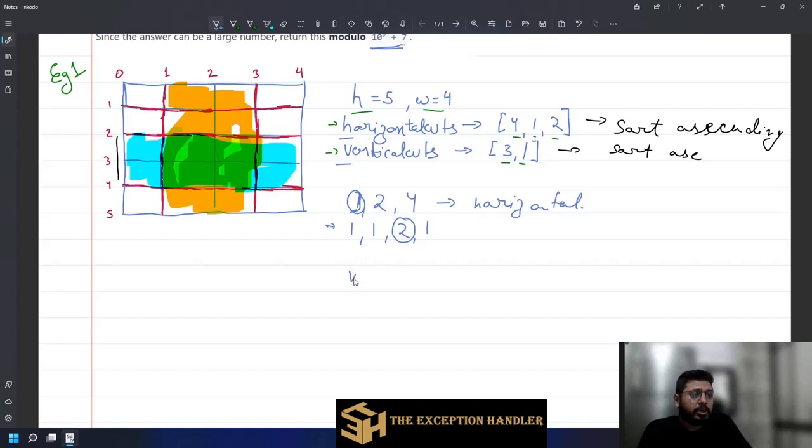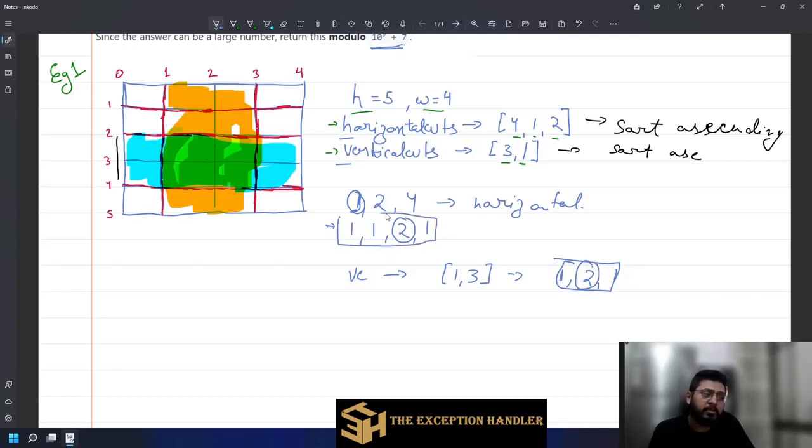Similarly, with vertical, I have also found that this is the sorted array, 1 comma 3, and if I find the difference, the first is 1 unit, the second one is 2 units, and then again 1 unit. So if I try to find the maximum from all these three elements, I know that 2 is my maximum, and if I find the maximum from these four elements, then I know definitely 2 is my maximum.